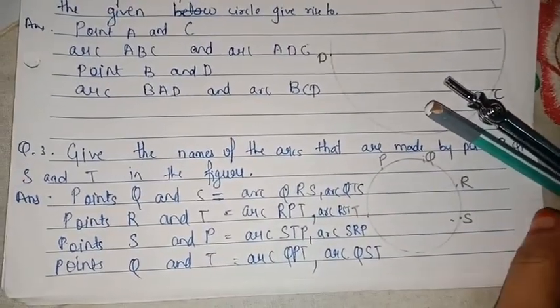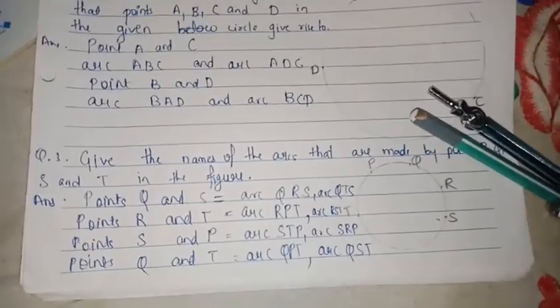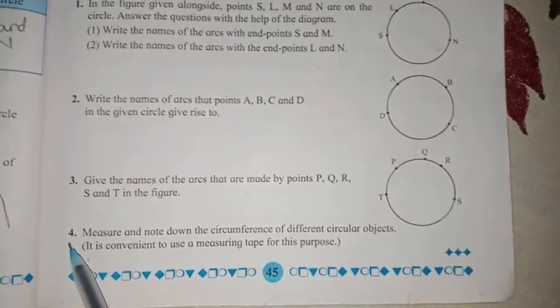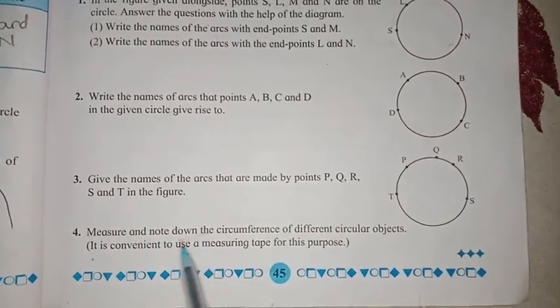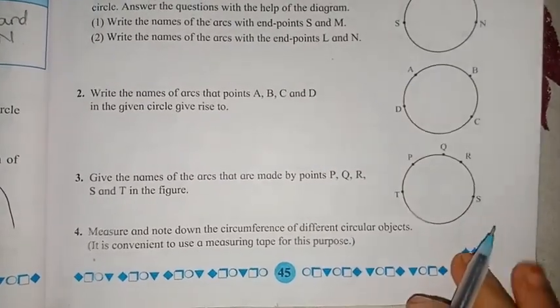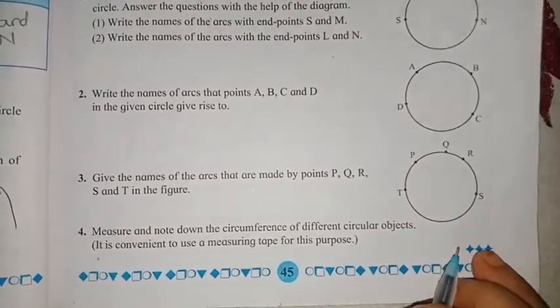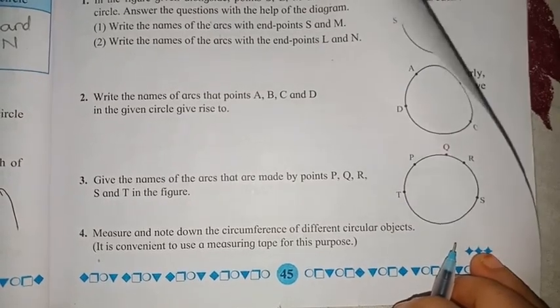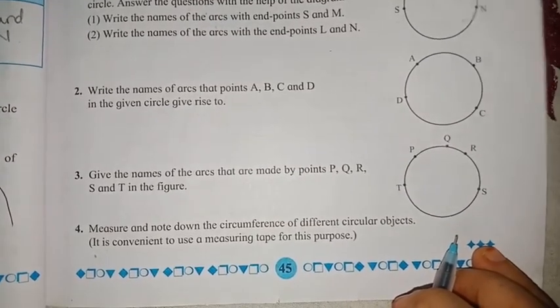Done. Got it? Question number 4 is the homework. Measure and note down the circumference of different circular objects. You have to see the objects around you and measure the circumference of that circle. Got it?